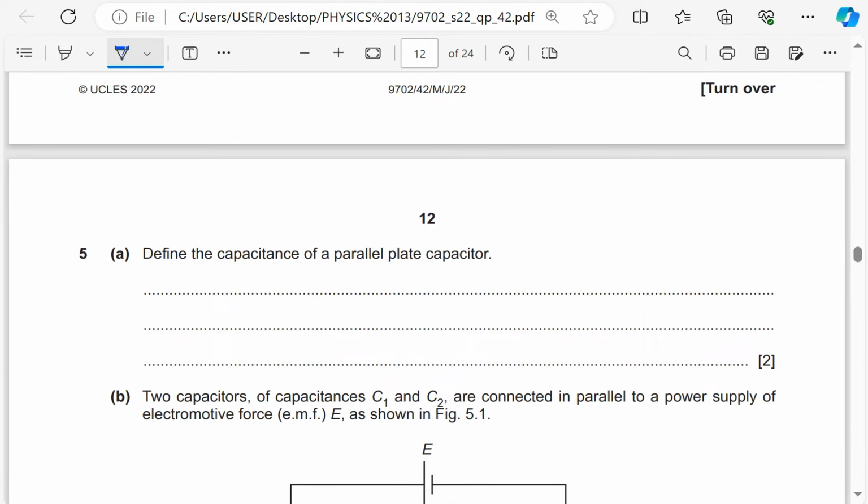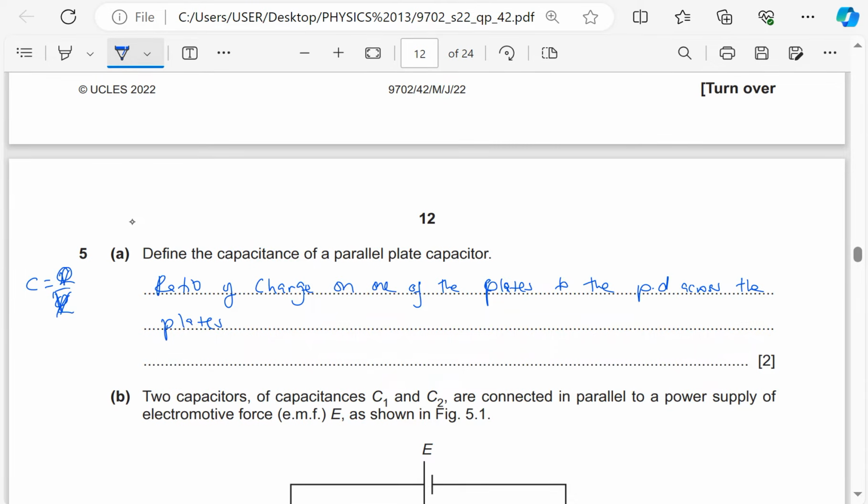Define the capacitance of a parallel plate capacitor. Of course, we know that capacitance C is equal to V over Q. No, it is Q over V. So it's the ratio of the charge on one of the capacitor plates to the PD across the plates.